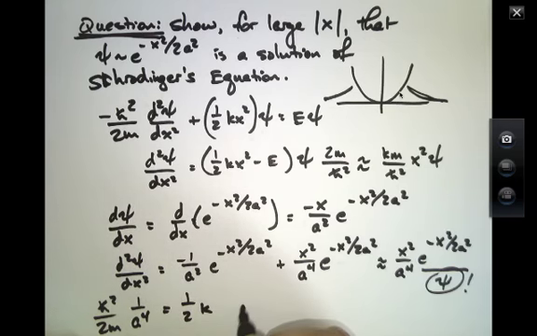Or in other words, a to the 4th is h bar squared over mk.